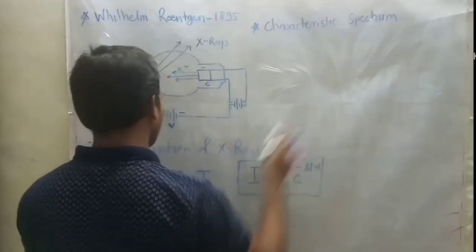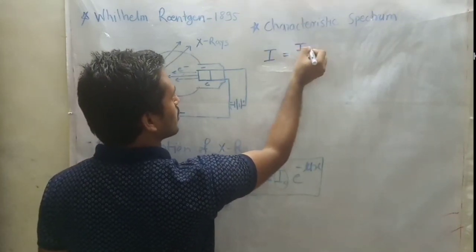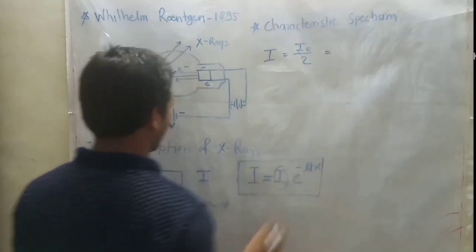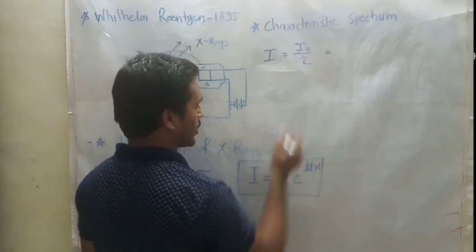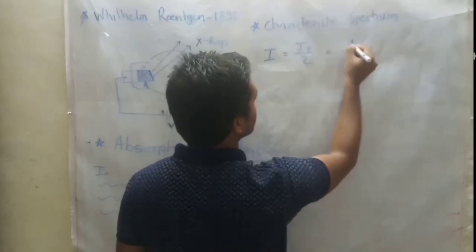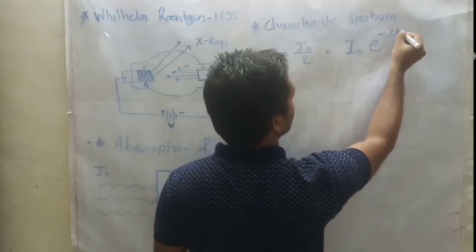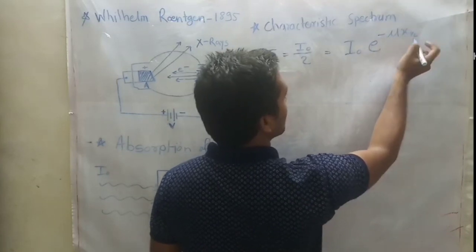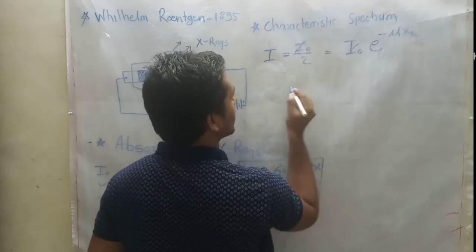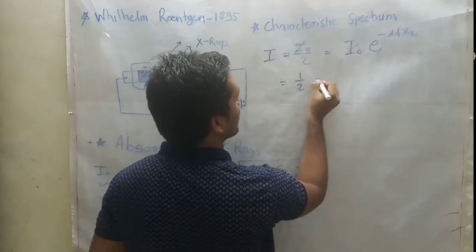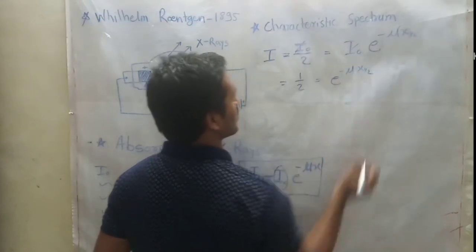The condition is I equals I naught by 2. Put this I naught by 2 in the formula. We can write I naught by 2 equals I naught e raised to minus mu x half. Here I naught cancels, so half equals e raised to minus mu x half.